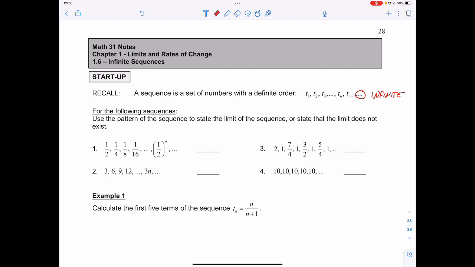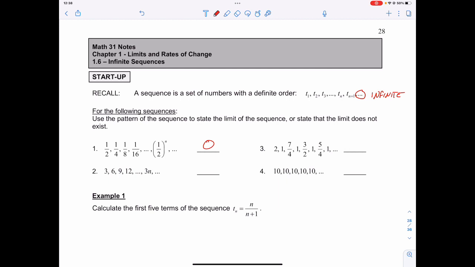So if I look at the first pattern, I have 1/2, 1/4, 1/8, 1/16, and obviously it's just going to keep going on to 1/32, 1/64, 1/128, going on forever. And because the fraction is getting smaller and smaller, it's getting closer and closer to 0.